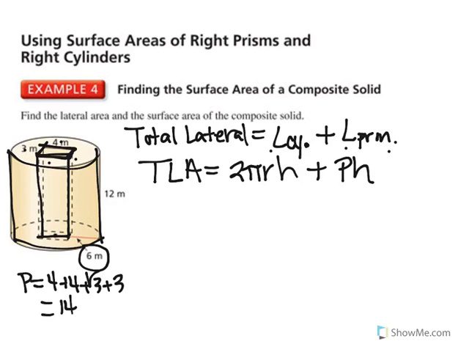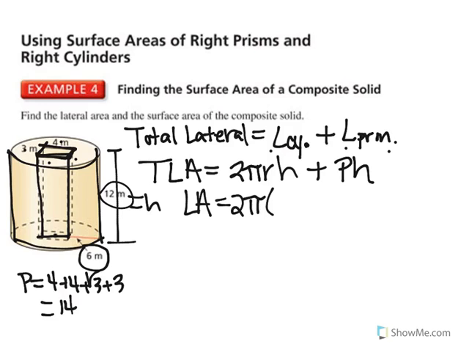Which is 14. Okay, we know the height of both of these is going to be 12. So we actually have everything we need to plug into our formula. Our lateral area is 2 pi, radius is 6, height is 12, plus the perimeter of our base of our prism is 14 times the height of the prism, which is 12.